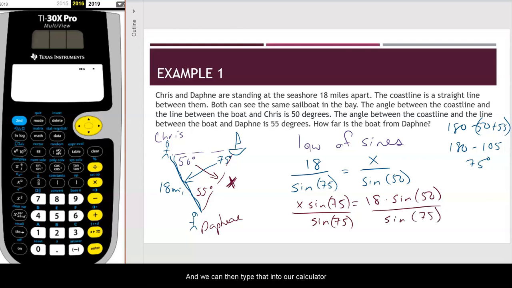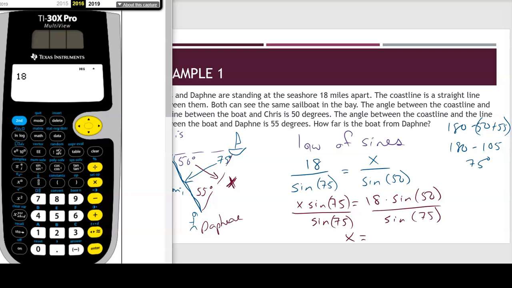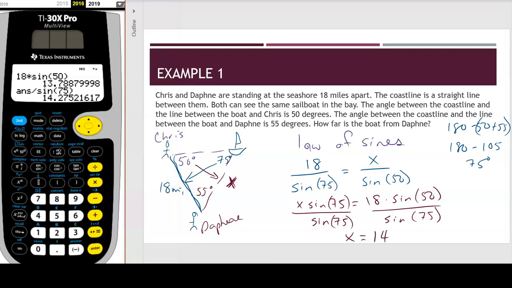And we can then type that into our calculator to find our x value. So 18 times sine 50, enter, that's our numerator, divided by sine of 75, enter. And we'll end up with 14.27521.